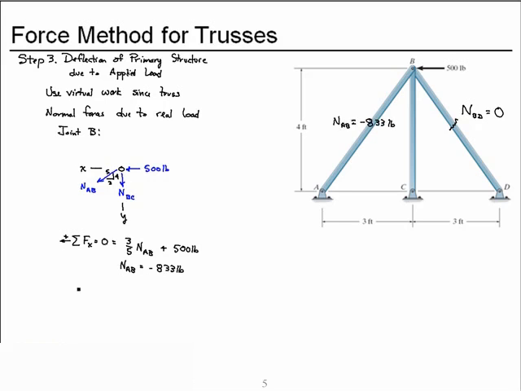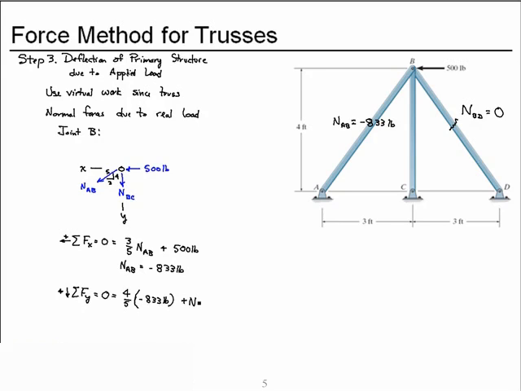Now, let's sum forces in the y direction. We have, according to our coordinate system, down is positive. We get a positive 4/5 contribution from member AB, which we have found to be a negative 833 pounds.